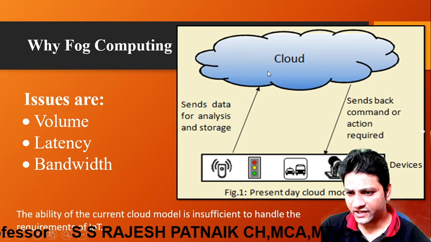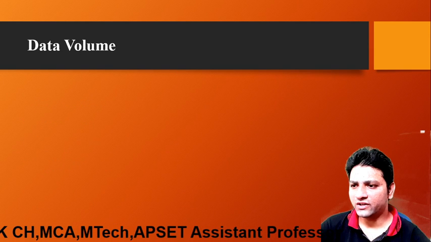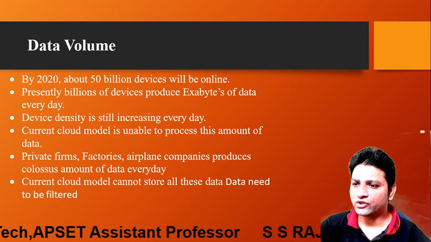Next we have the first issue, data volume. What is data volume? By 2020 about 50 million devices were expected to be online. 2020 is already gone and now it is 2021, and the latest articles say more than 50 billion devices are in use.